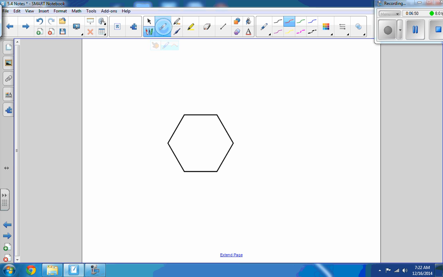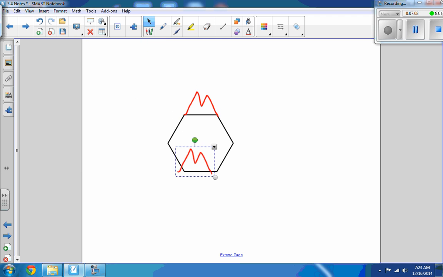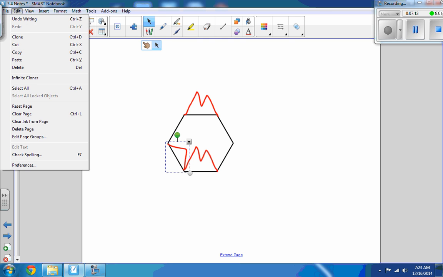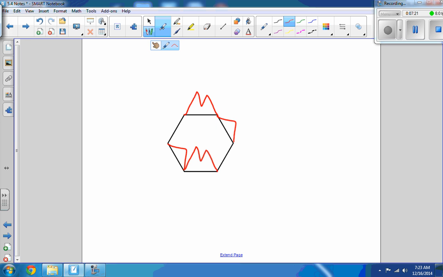So let's do the same thing. Let's create one here. I'm going to do the same process. I'm going to copy that, paste in the bottom one, and then the last side.